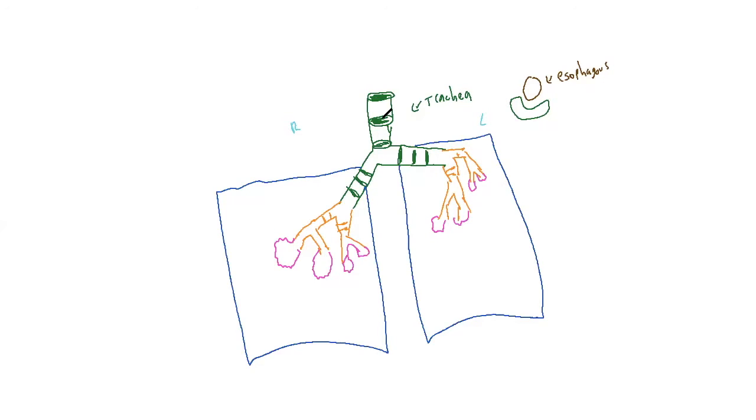So we have up here the trachea, which is held patent by these incomplete rings of cartilage. Then we have the primary bronchi. We're going to have further divisions until we get to the bronchioles, which are tubes that are mainly comprised of smooth muscle. And then at the end, we're going to have alveoli, which I drew here in pink. And the alveoli are the functional units of the lungs.